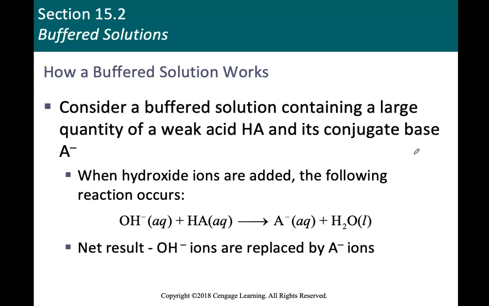If you add any strong acid, the conjugate base from the buffer mixture will interact with that acid, and vice versa. If you add a strong base, it is the acid from the buffer mixture that will interact with that strong base.